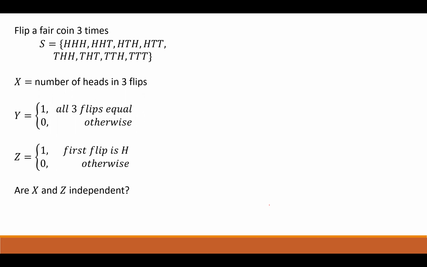If we have x equal to 3, then this implies that z is equal to 1, and we cannot have z equal to 0. So x equal to 3 and z equal to 0, this is the empty set, right? So it has a probability of 0. If all 3 are heads, then the first flip cannot be tails. So these are not independent.